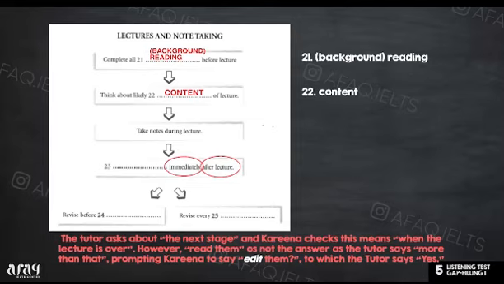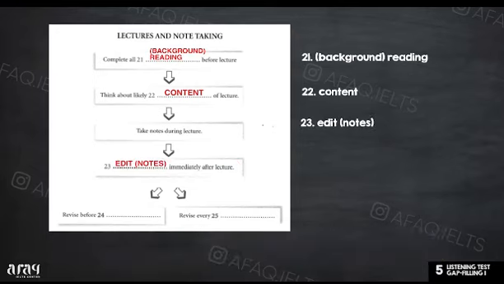So Karina says edit them, to which the tutor again says yes. So edit them, and the tutor mentions yes. So the answer would be edit or edit notes. Now let's do the same with question number 24.